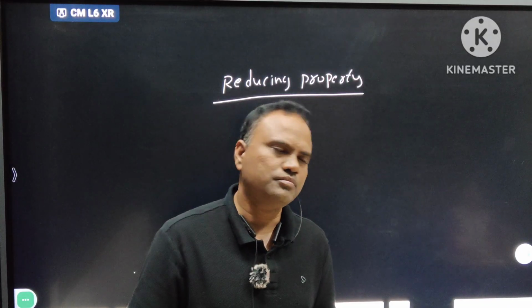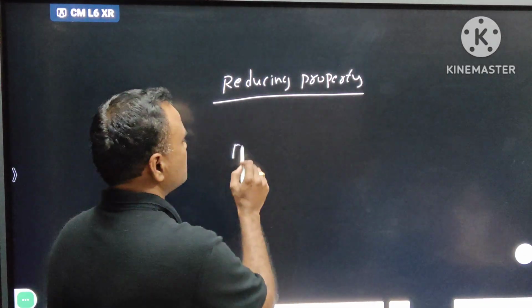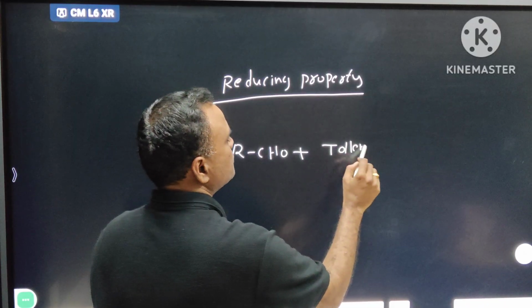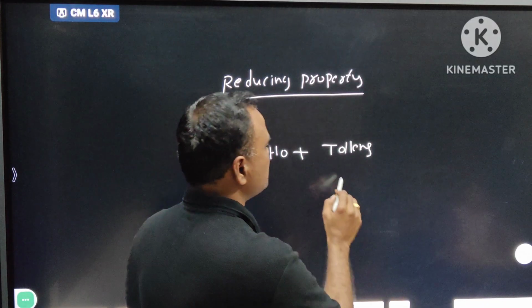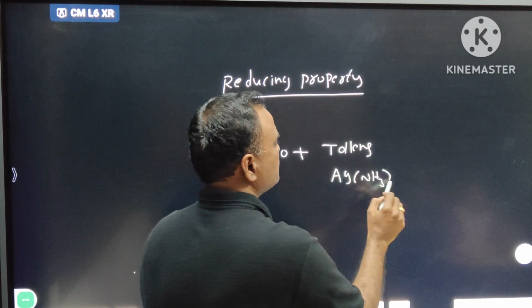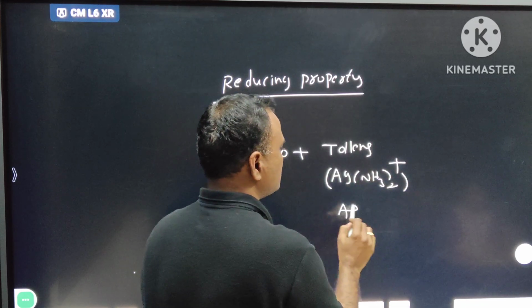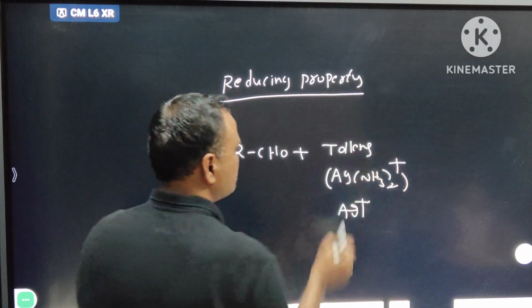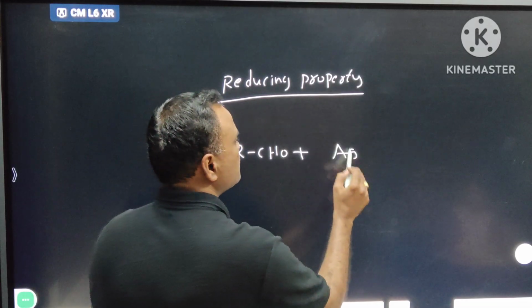You know this. Look at this reaction. I am taking an aldehyde and Tollens reagent, right? What is the active species in Tollens reagent? Ag(NH3)2 plus. Let us take directly Ag plus. The Tollens reagent active species is Ag plus.